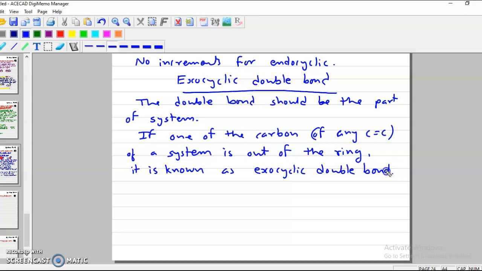There will be an increment of 5 nanometer for each exocyclic double bond.